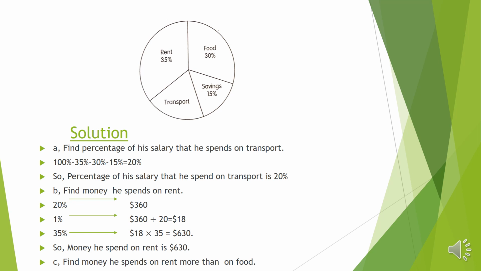So we got that 1% equals $18. We know 1%, so we can find 35% equals $18 multiplied by 35 equals $630.